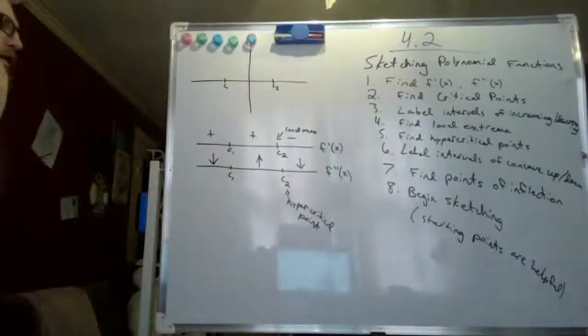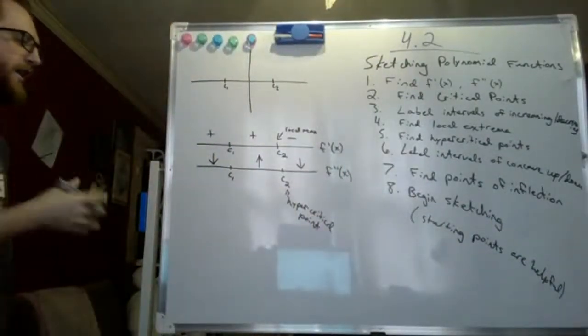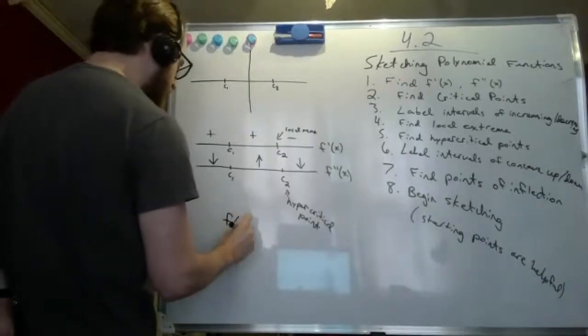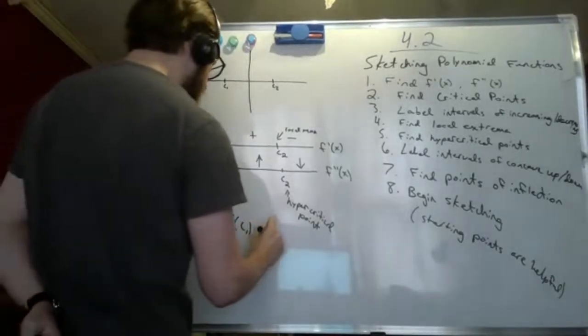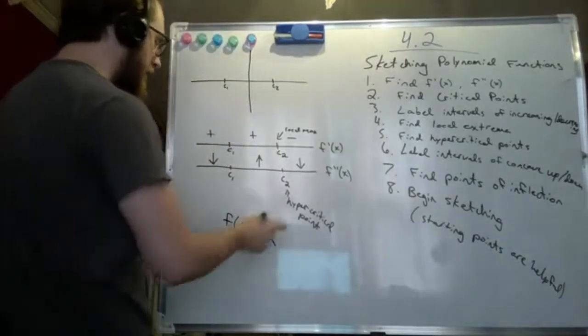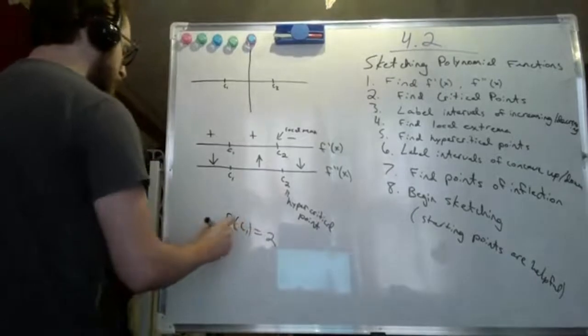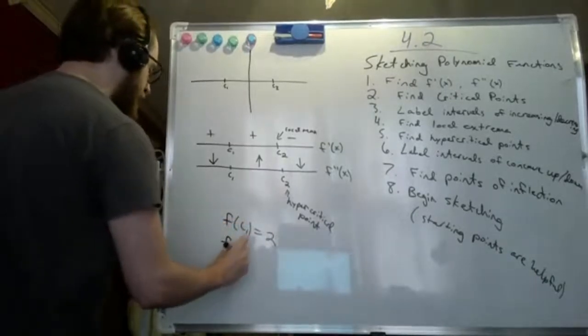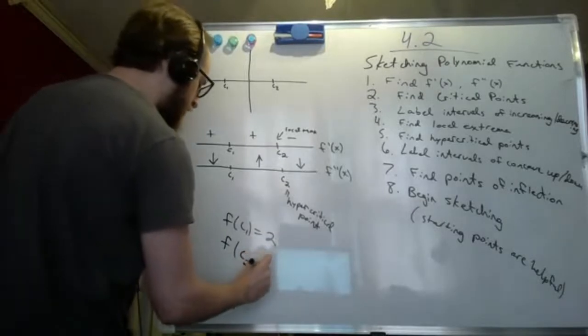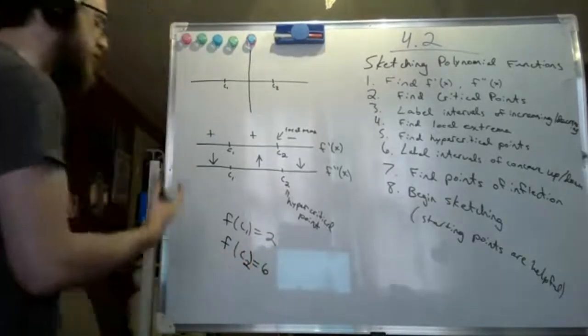Well, oftentimes with these types of questions, they'll say, given, maybe we know f of C1 is equal to, let's say, 2. And maybe we know that f of C2 is equal to 6. And this is just information they give you.